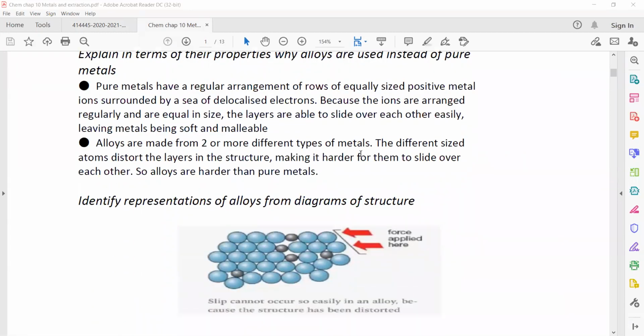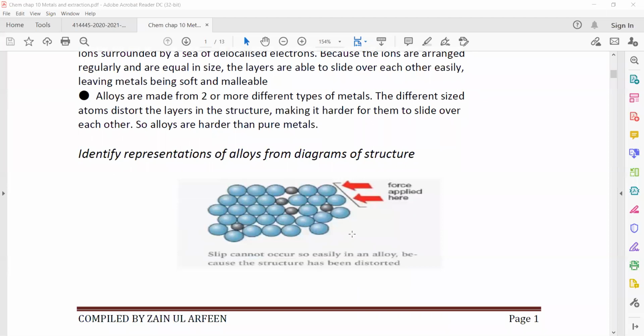So as you can see, the structure of the alloy, as metals are there, lattice of positive ion, and different size particles are present also. So alloys are generally harder because greater friction between the layers.